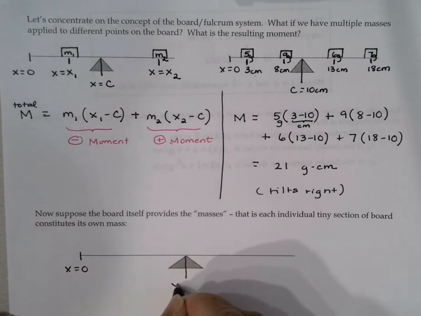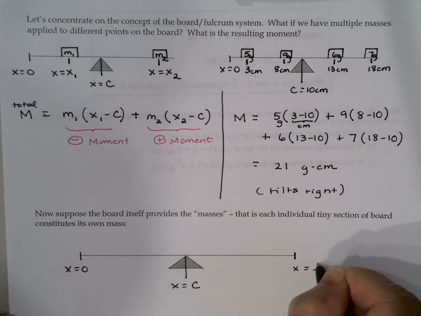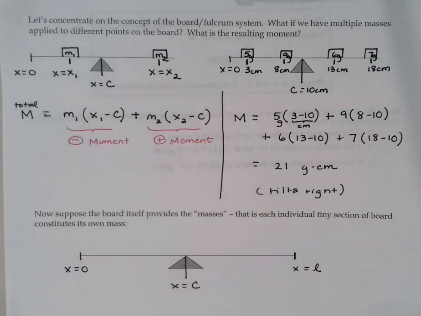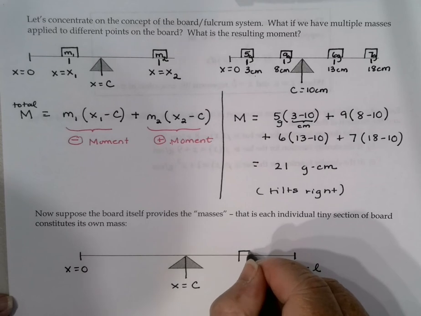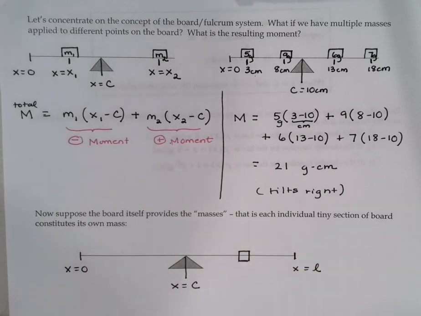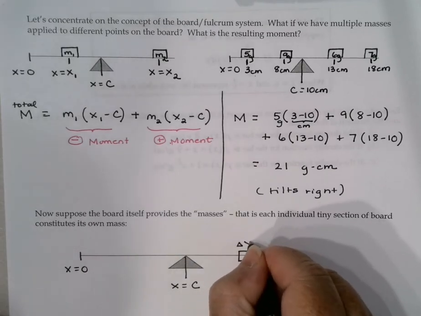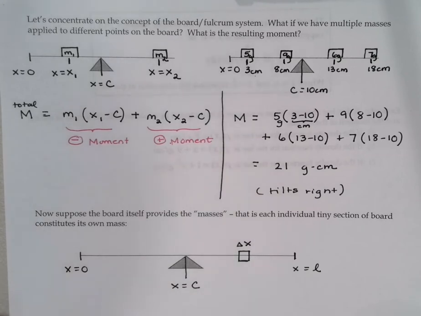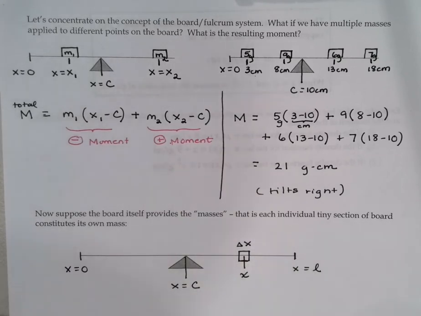Here's my fulcrum at x equals c. And the other end of the board we'll call the length L. I'm now going to say, let's imagine a tiny little section of board in here. The length of that little section I'm going to call delta x. And we'll imagine that it's at some random point x.